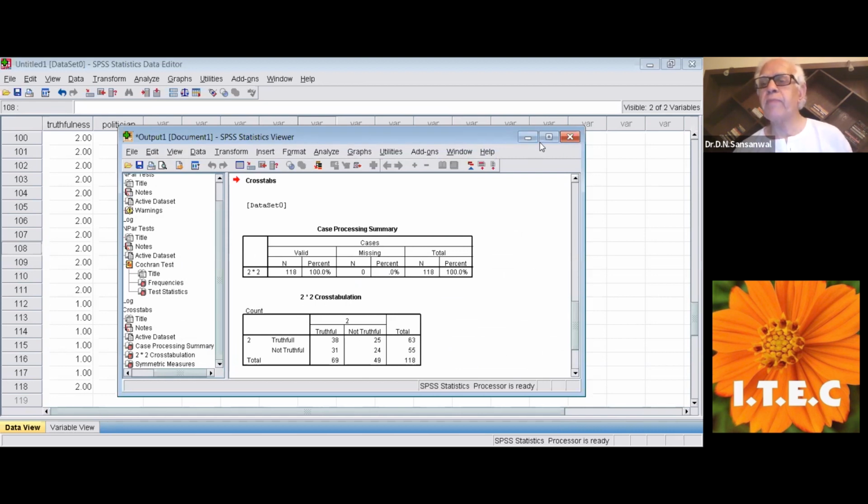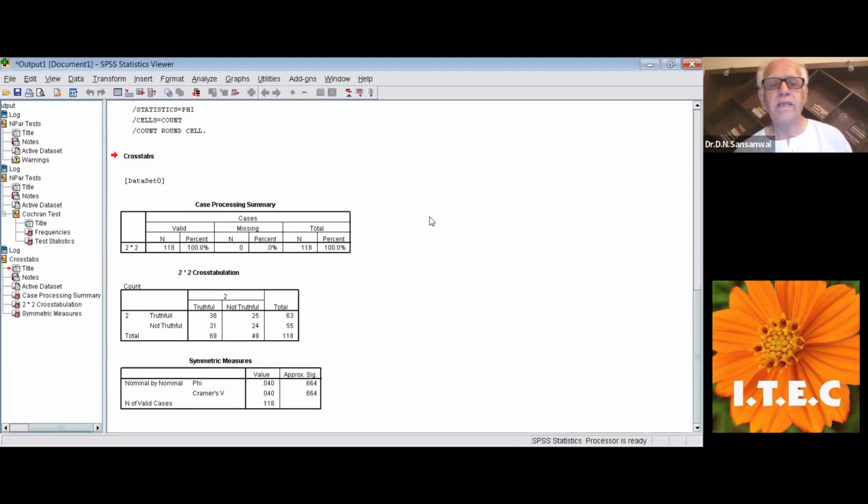So this becomes your value. Your phi value is this, which is not significant.